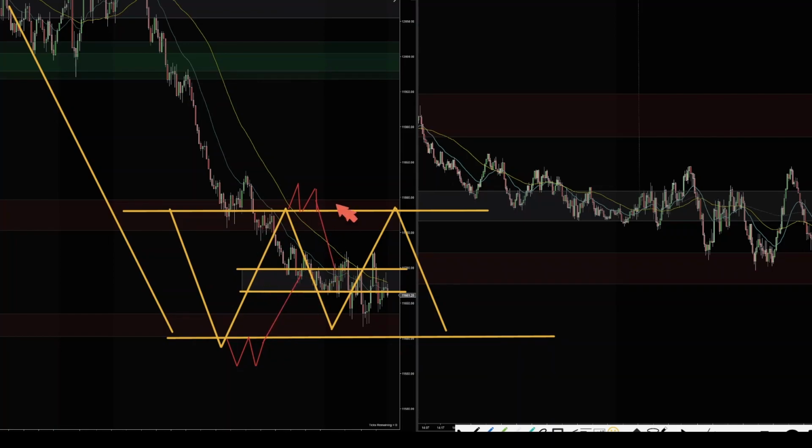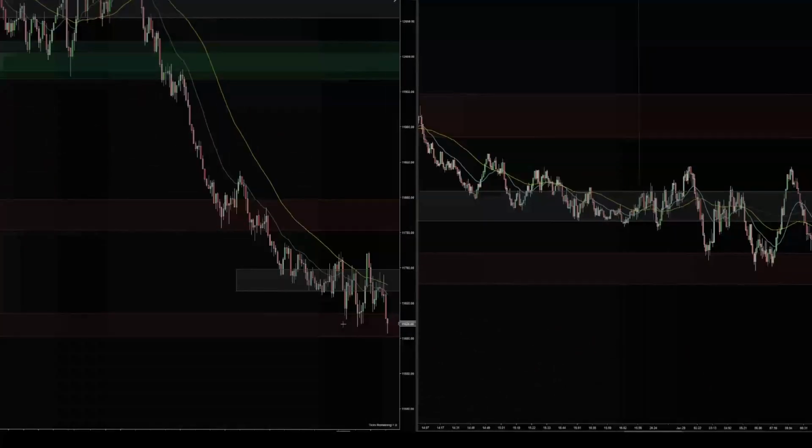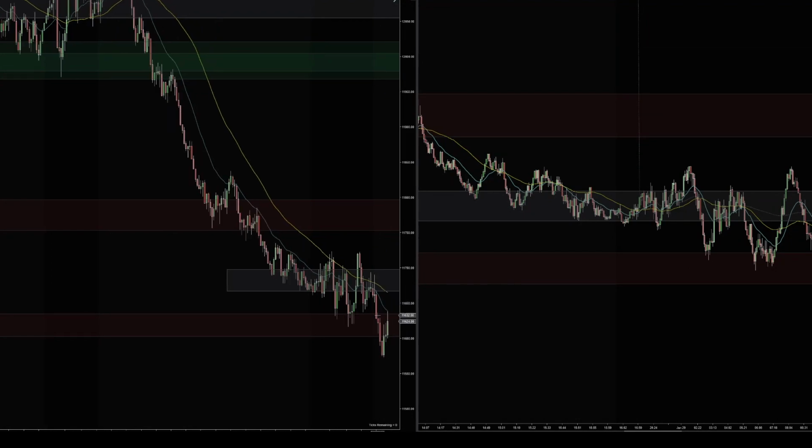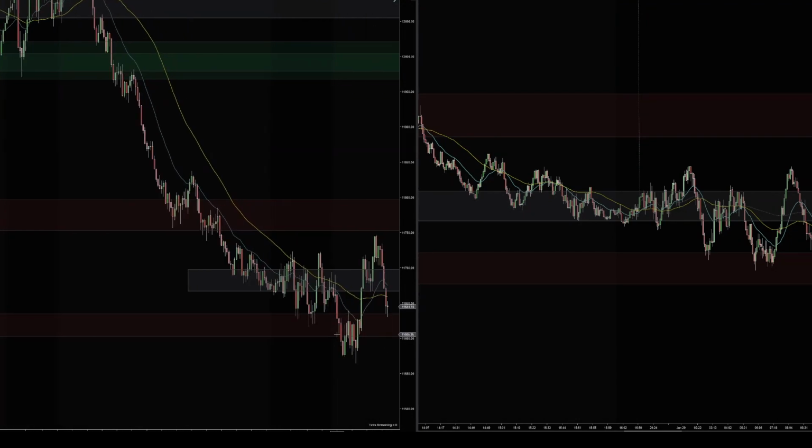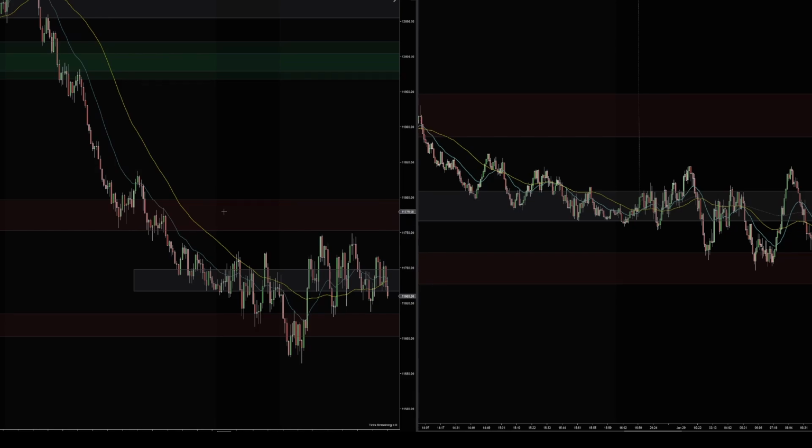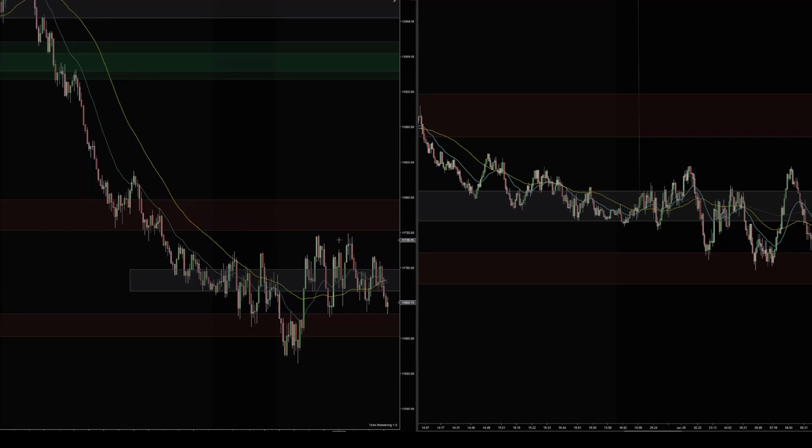So this is my thought process on the range days, and what I'm going to do here is mark it on the 4000 chart, and then we're going to go over to the 800 chart and look for possible entry areas. At the market open, the price started selling off, and we got a reversal here, a W pattern, and on this zone, which was a retest from previous price action, we have a rejection on the top.